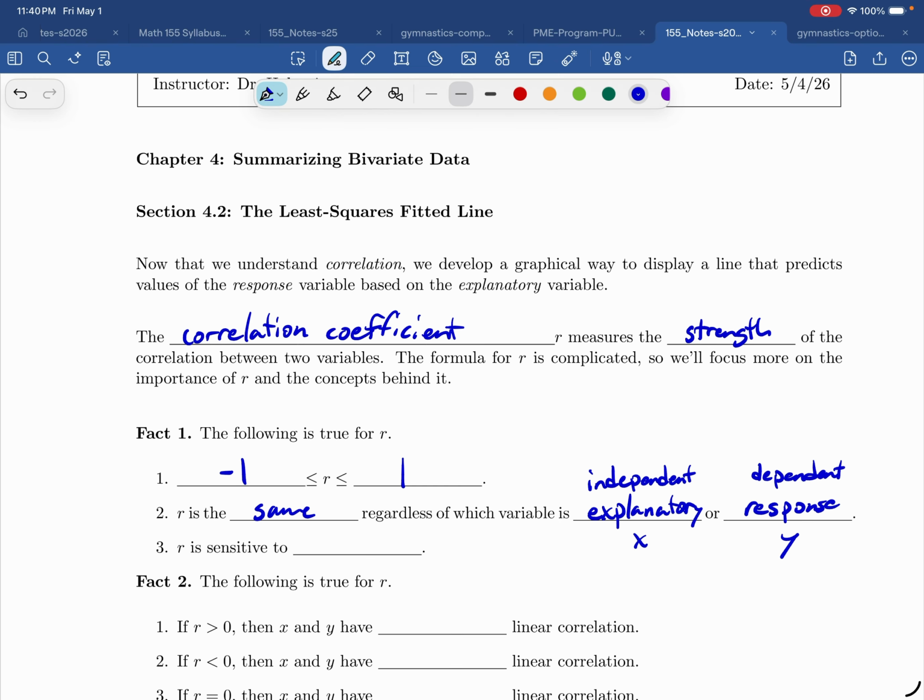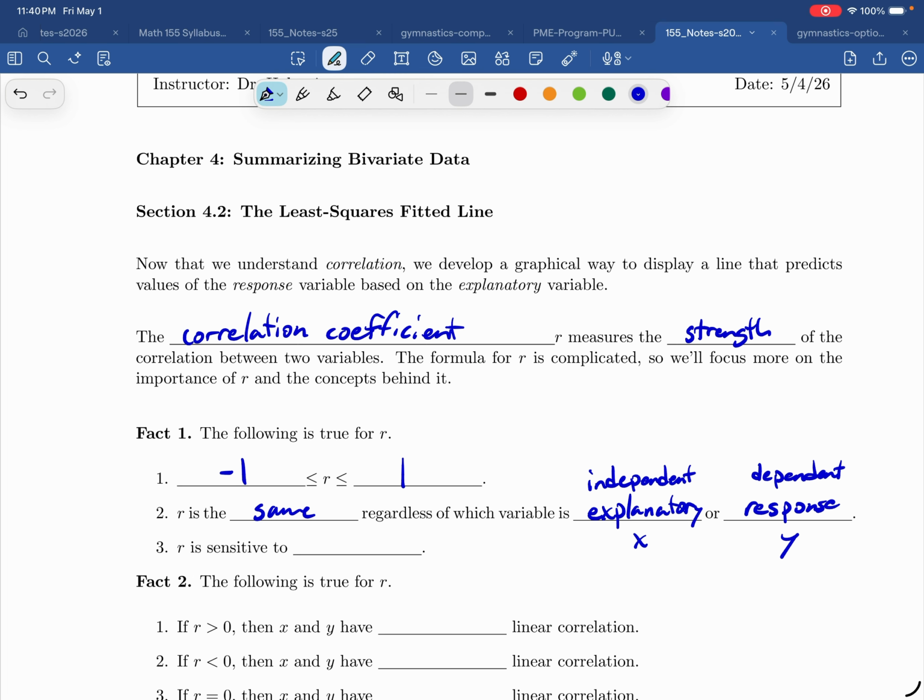By the way, when determining which variable is x or y, you typically want to make x the variable that you're changing or that you want to use to predict the value of y. Sometimes it doesn't really make a difference, like when we were considering the math and reading scores in the previous video. But sometimes it does.